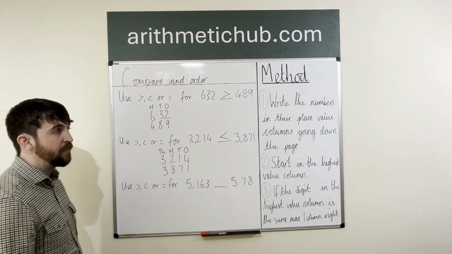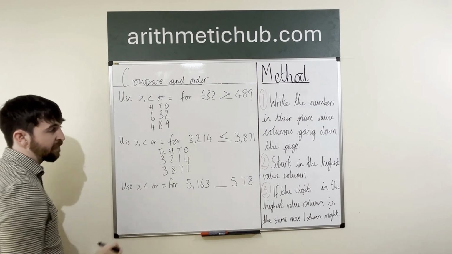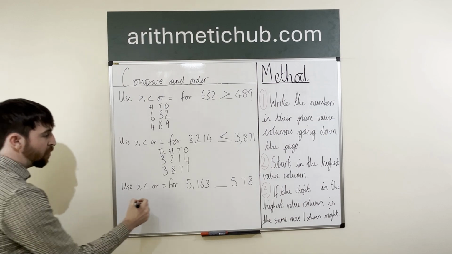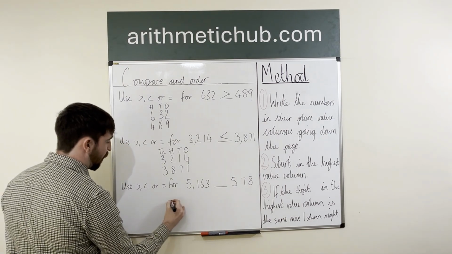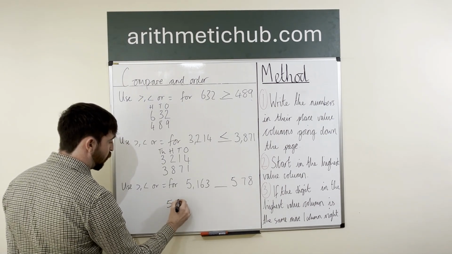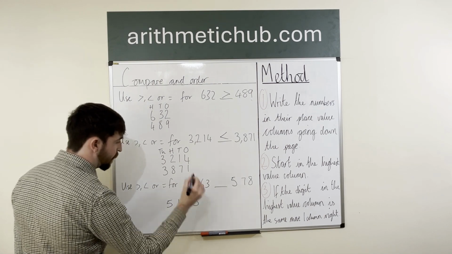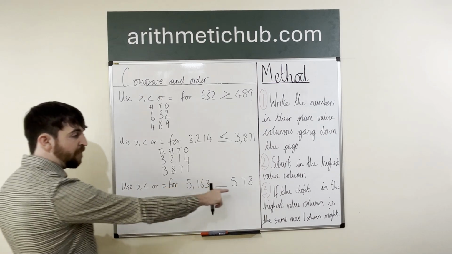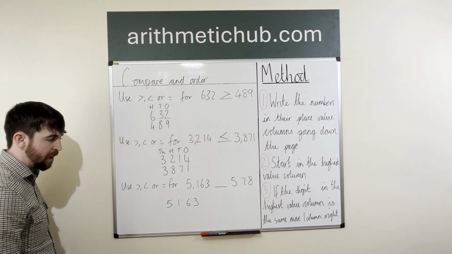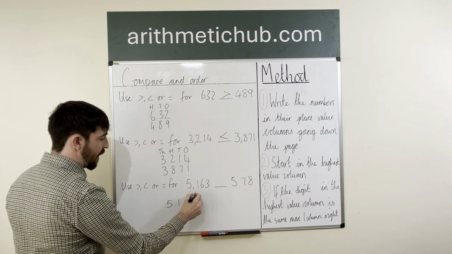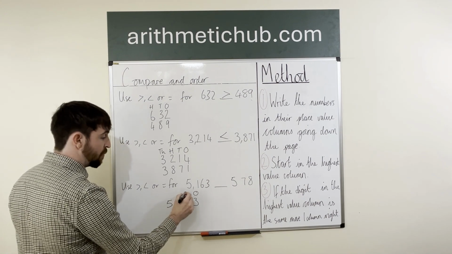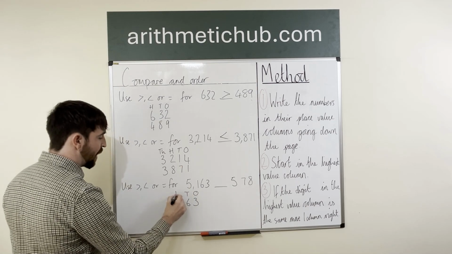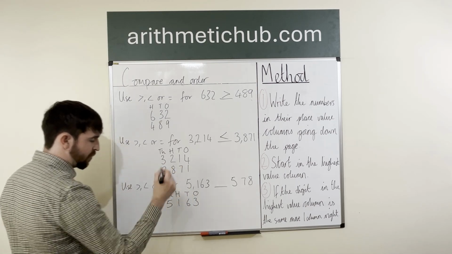Okay? Now, let's have a look at the final question over here. So, this is where it becomes important to write in our place value columns. So, we're going to write the numbers out here. We've got 5,163. Then, underneath it, we've got 578. Now, I'm going to start off by putting my place value columns in here: ones, tens, hundreds and thousands.